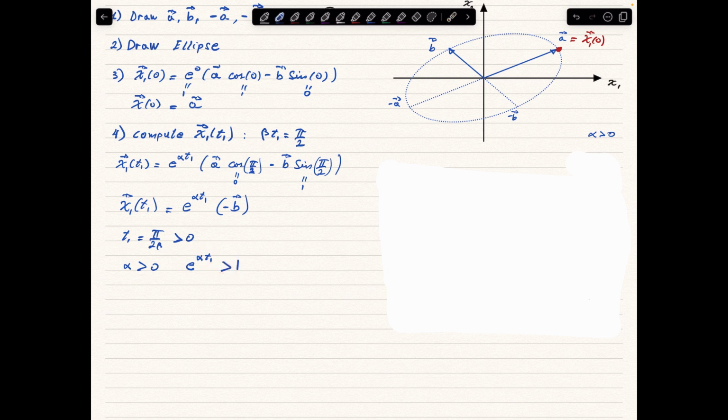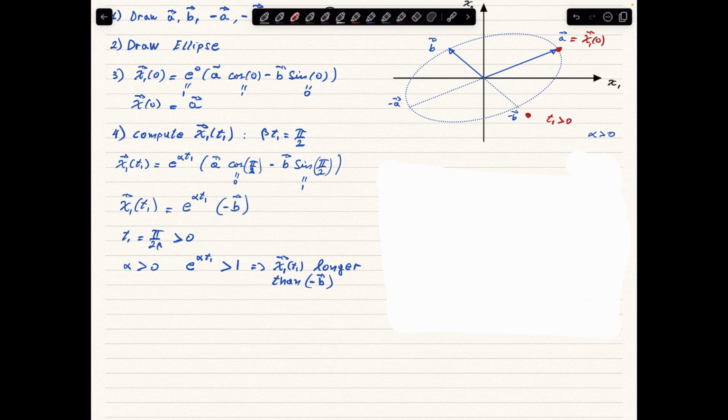So this implies that x1 at t1 is longer than negative B. Why? Because it's this factor multiplied by negative B, but the factor is bigger than 1. So actually we are not going to be here, we are going to be somewhere here. So let's fix ideas and put it more or less here. It has to be longer than negative B. And this is at t1, which is positive.